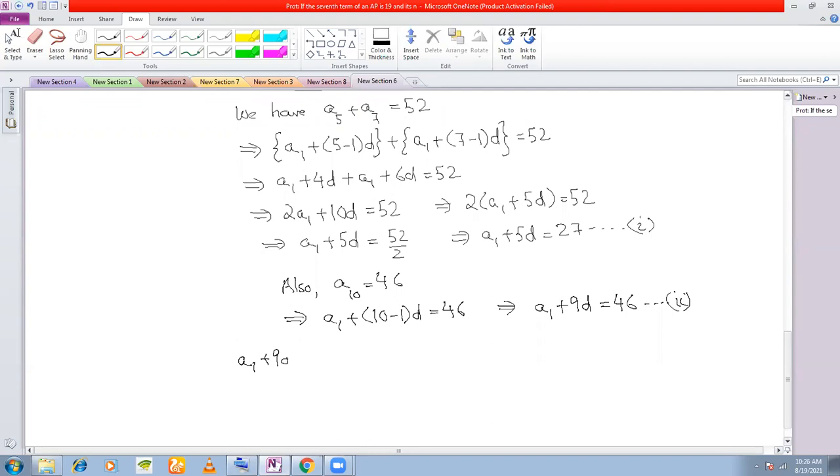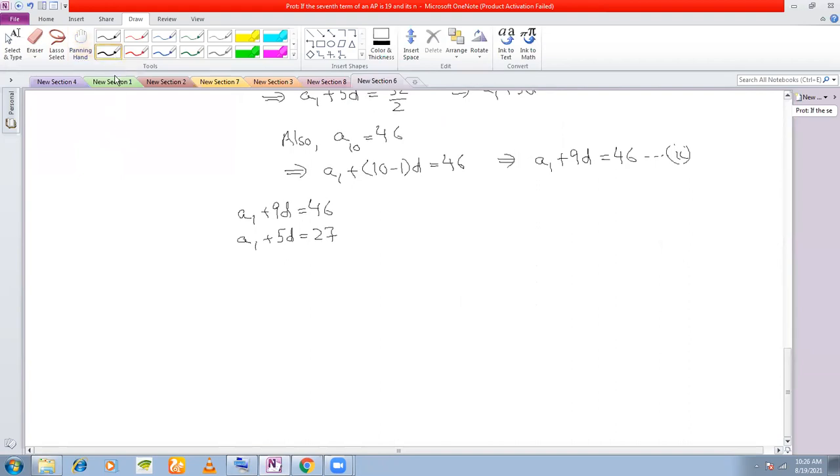A1 plus 9D is equal to 46 and A1 plus 5D is equal to 26. Subtract these two equations. This cancels. 9 minus 5 is 4D. And 46 minus 26 is, I think, 20, right?